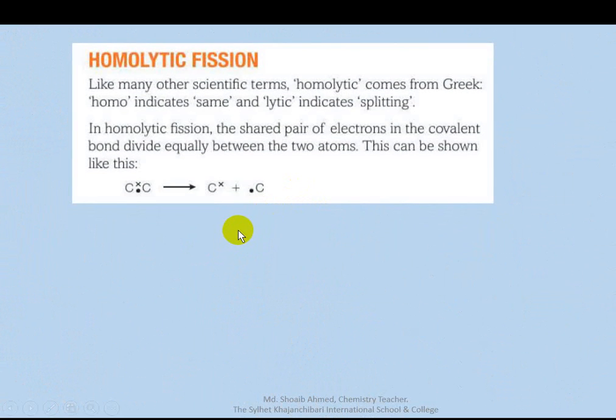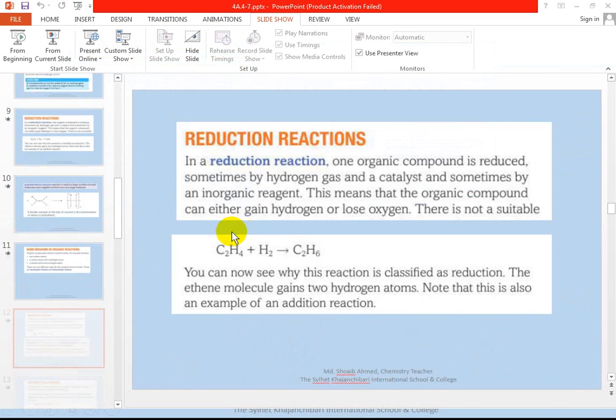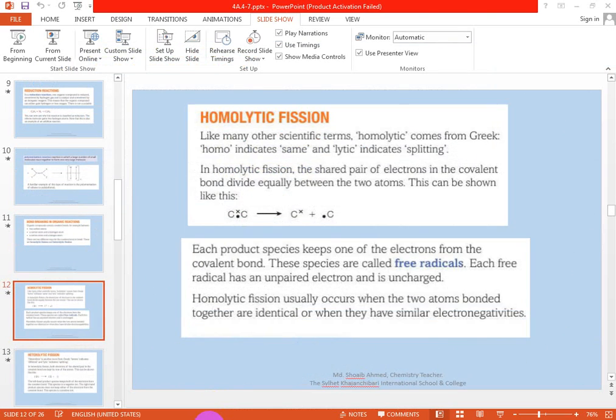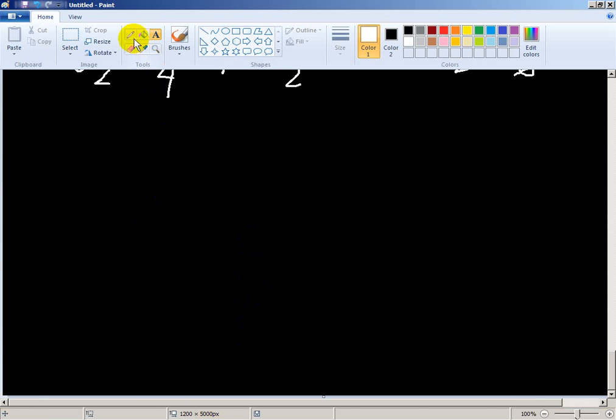These bonds, carbon-carbon, carbon-hydrogen or carbon-halogen, break in two ways.